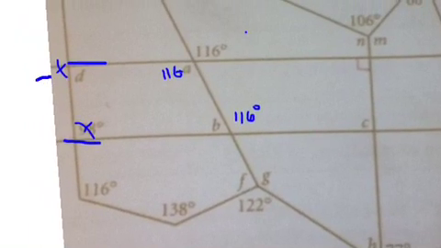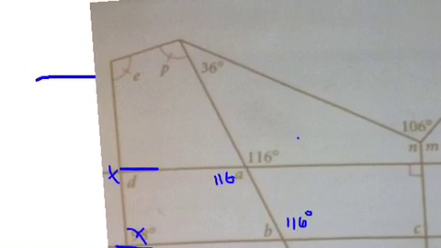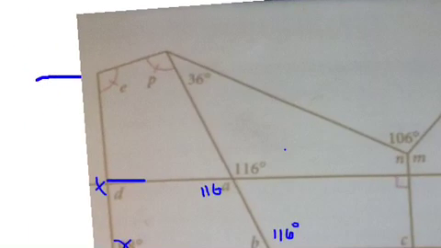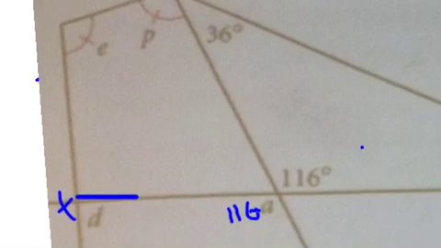Now A, B, C, D, let's find E. E's over here by P. That one's not too bad. If you know what D is, then you know this angle, supplementary to D. If you know what A is, which is 116, you know this angle.